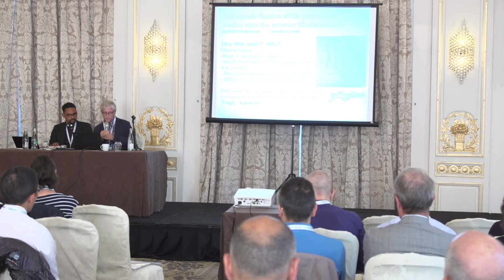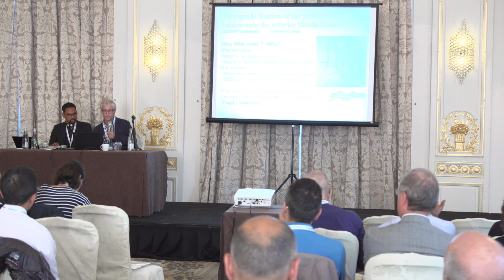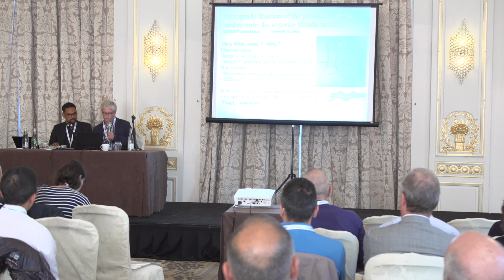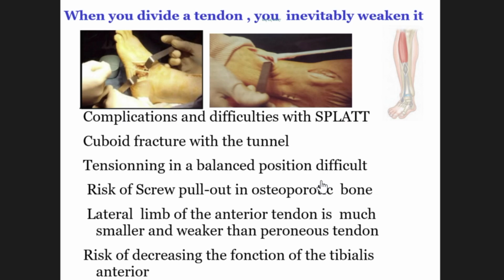But it's very interesting to know that several authors who use the SPLATT technique, when they have a perioperative problem with it, use this Bardot procedure. So when you divide a tendon in the SPLATT technique, you inevitably weaken it.